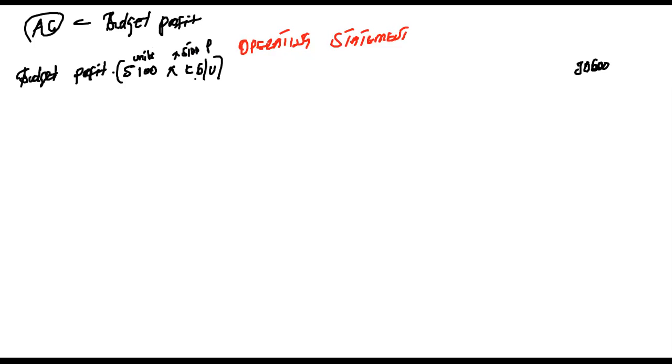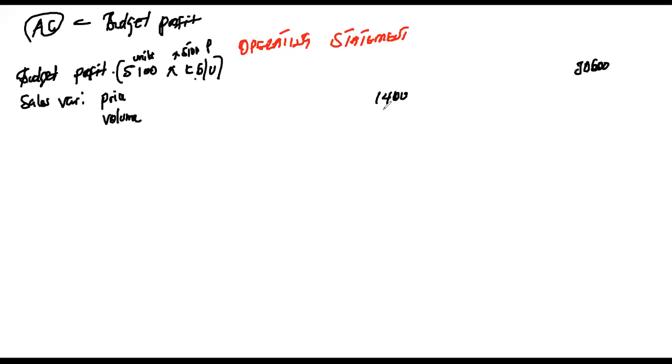Then the next thing we do, we bring in the sales variances. There are two sales variances. Number one, we've got price. And number two, we've got volume. What was our price variance? We just worked it out. It was an adverse variance of 1,400.